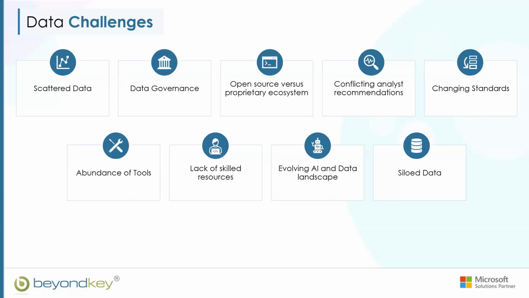We talked about scattered data. Then it's kind of the siloed data. It addresses kind of the same thing in the sense the data is scattered, but then how do we, even if you get the data, they are in different silos. Sometimes it's intentional, like for example, when you look at data and AI, there are multiple approaches, right? There is a data mesh approach, or there's a data fabric approach.